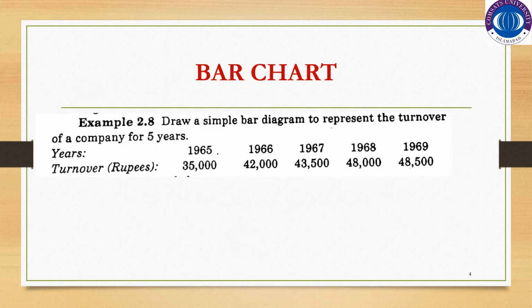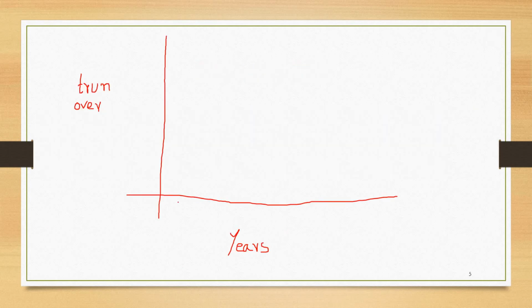We have 5 years: 1965, 1966, 1967, 1968, 1969.